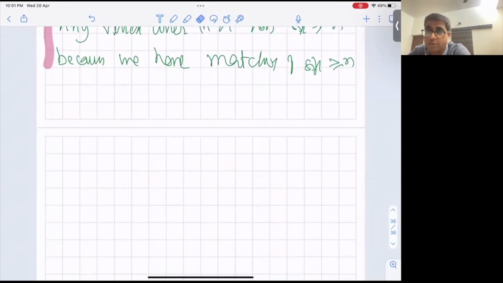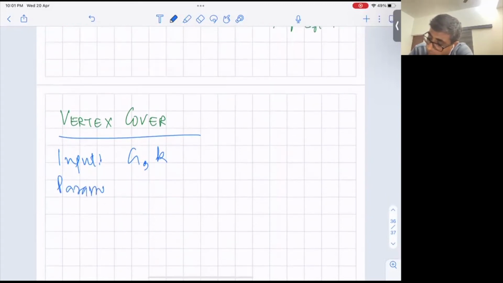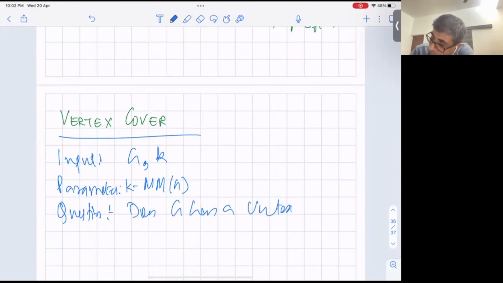So I think I wrote the following problem. Vertex cover. Input is G and k.